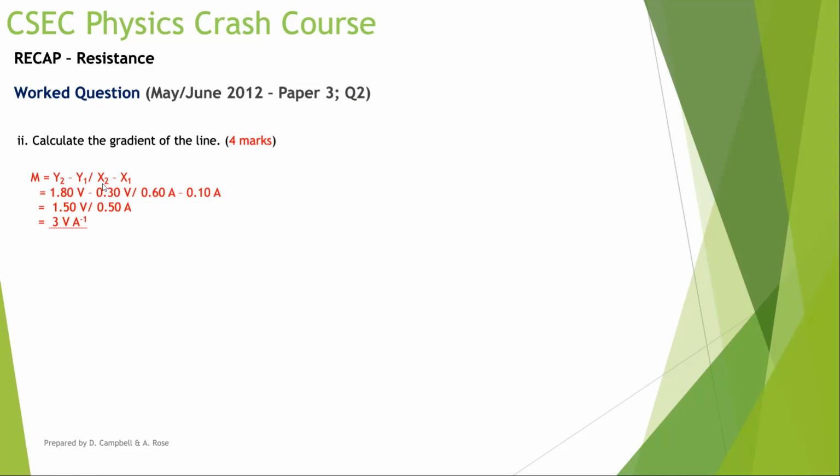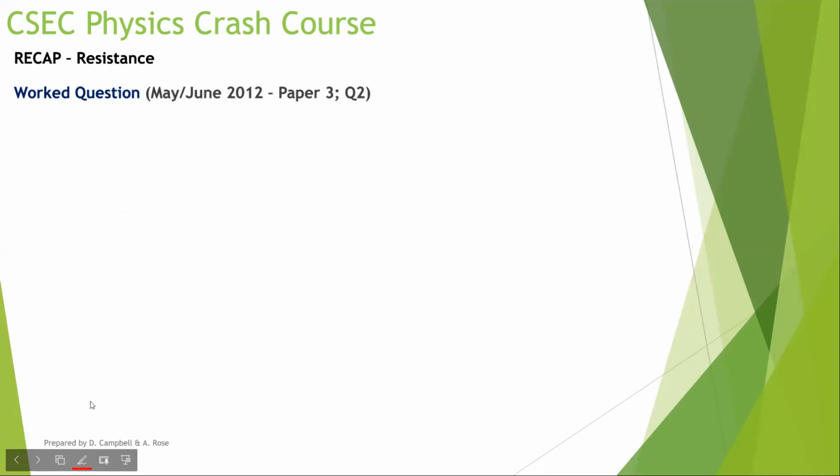And always be sure to indicate the points that you use for the gradient on the line itself, and then you substitute those values into the formula and would end up getting a value of somewhere around 3 volts per ampere. Always remember the unit for the gradient as well. Only time there is no unit is if the units will cancel each other. So it's volts per ampere for the unit.